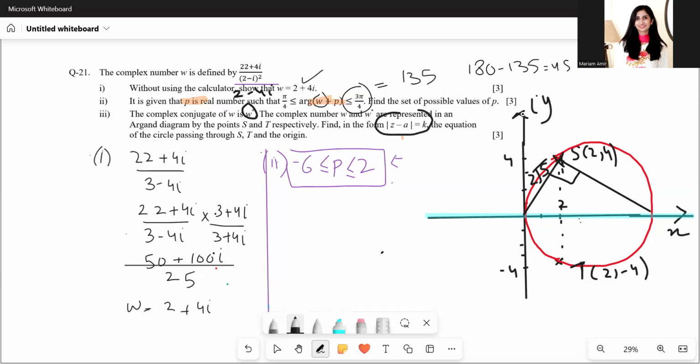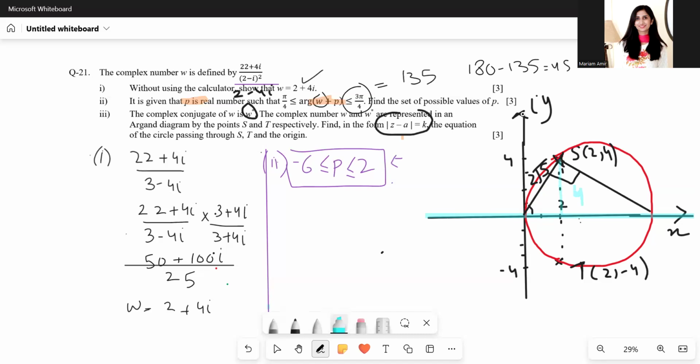All right. I would need another angle on this figure. I could find this angle because this is, like we said, 4, and this is 2 units. So we can apply trigonometry and find this angle. This is going to be tan theta equals opposite over adjacent.